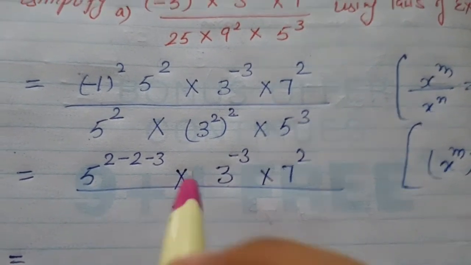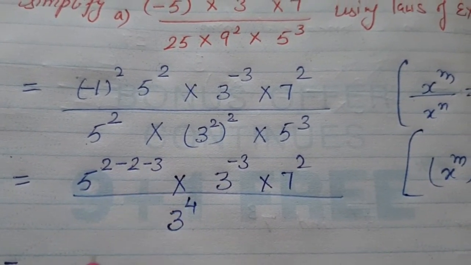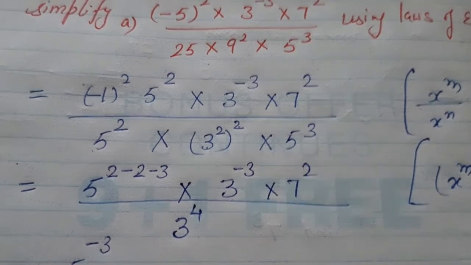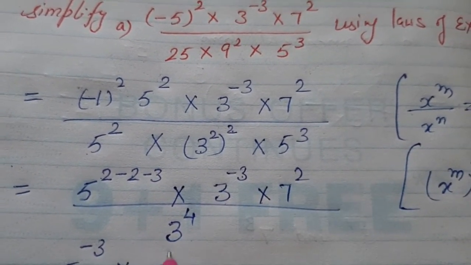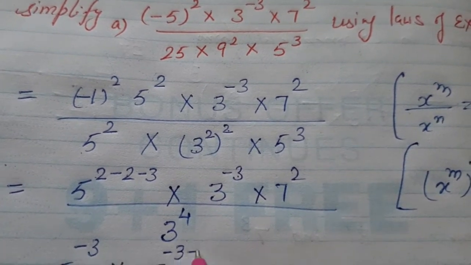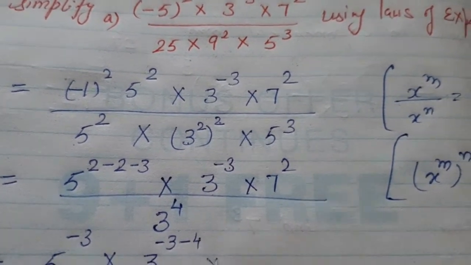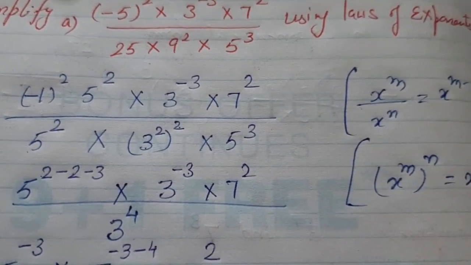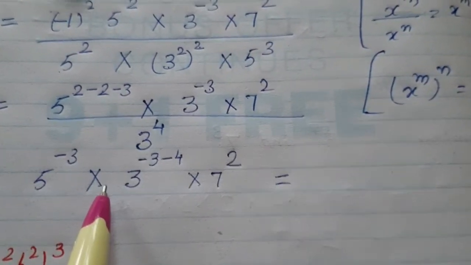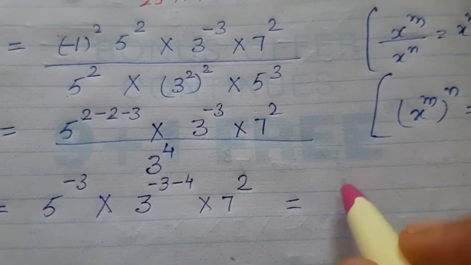Now solve it. 2 minus 2, it will become 0. Then 5 raised to power minus 3 into, now here we will again apply minus 3 minus 4 into 7 square.